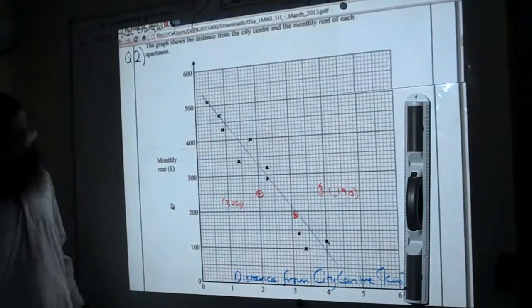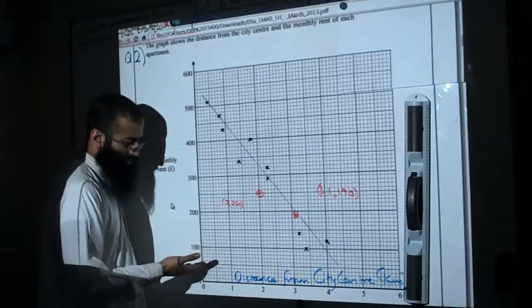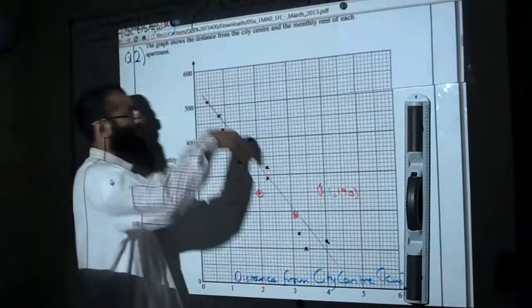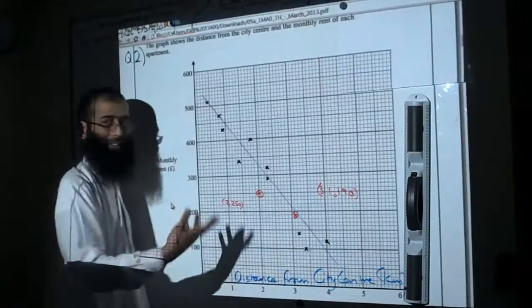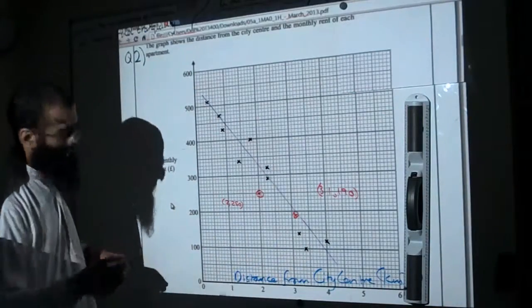Right, now, that's a line of best fit. As we can see, as the distance from the city centre increases, the rent decreases. That is the relationship that we have here. So we need to make that statement.